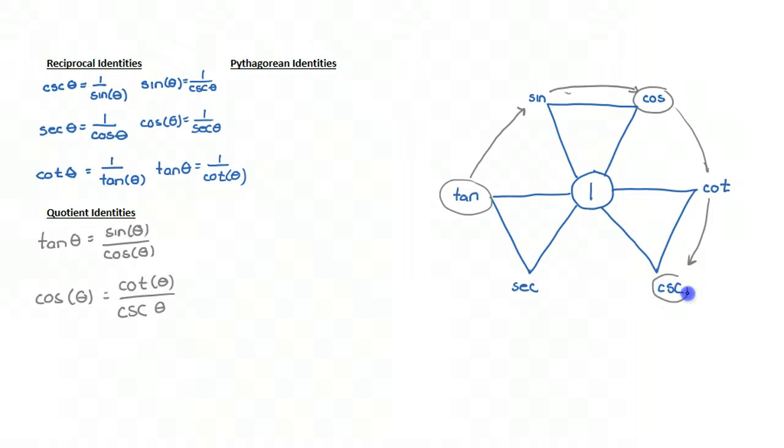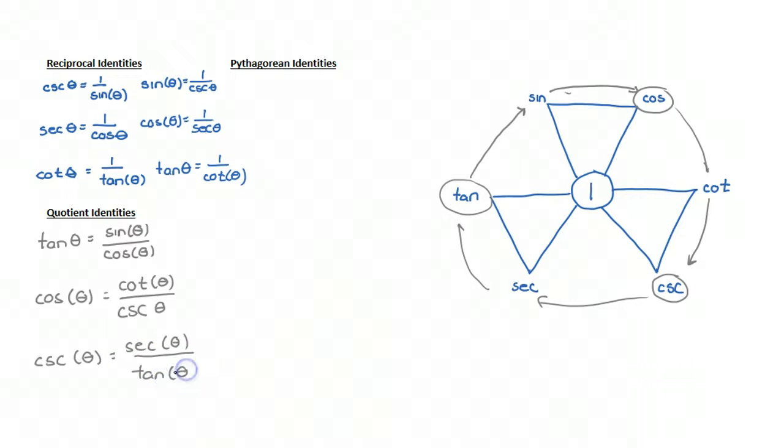And then finally, cosecant theta can be written as secant theta over tan theta. So there's your quotient identities. Most students learn the first one, but these other two are useful as well.